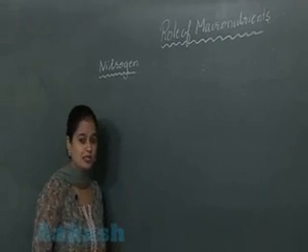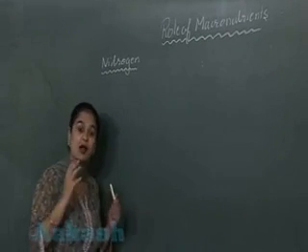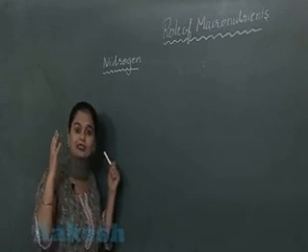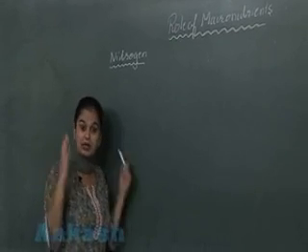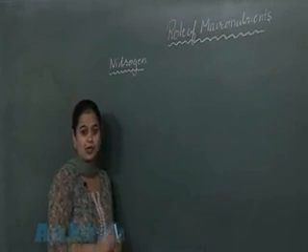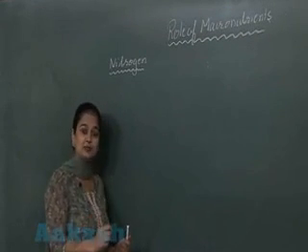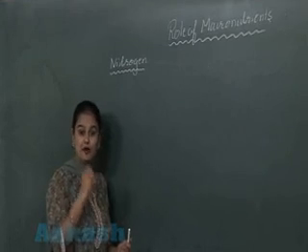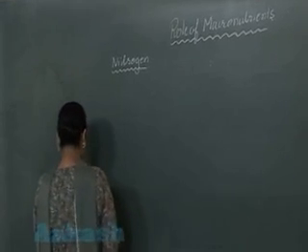Now nitrogen is required by the plant in large amount, or I can say it is required by the plant in the largest amount. Nitrogen is mainly absorbed by the plant in the form of nitrate ions.